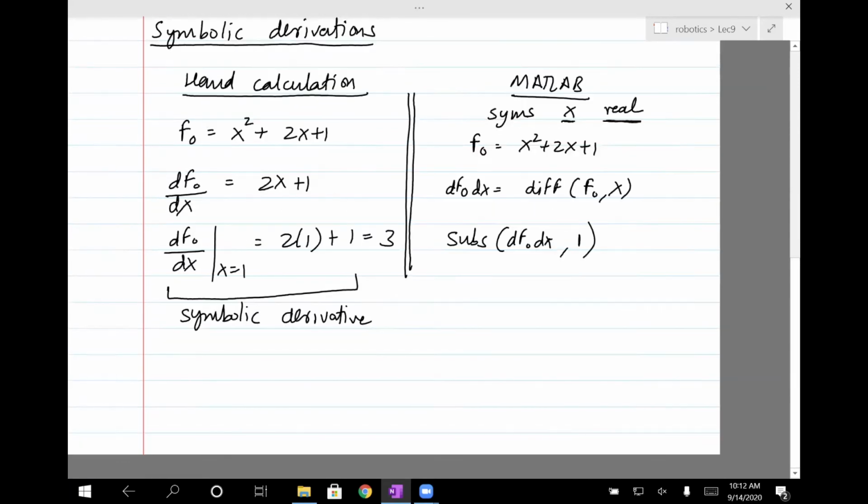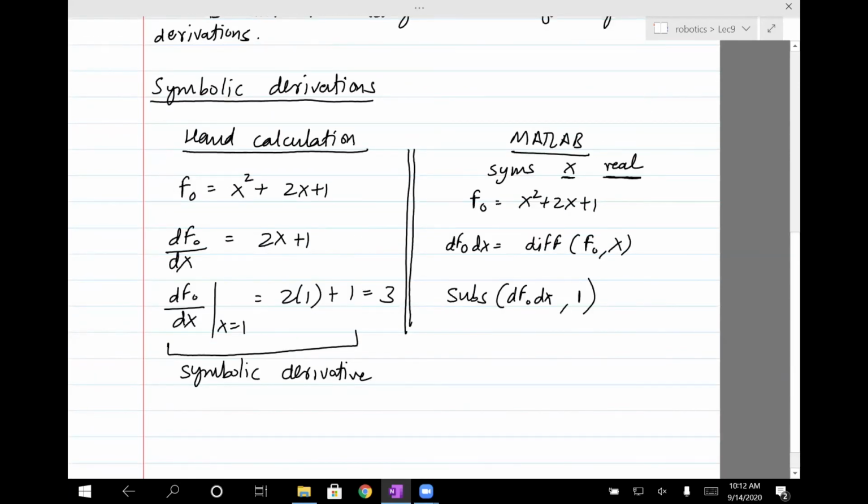Sometimes you want to find what is known as the numerical derivative, where you do not quite use the subs command to do it, but you just use the definition of the derivative to find the derivative. So what I mean by that is, let's say, the numerical derivative.